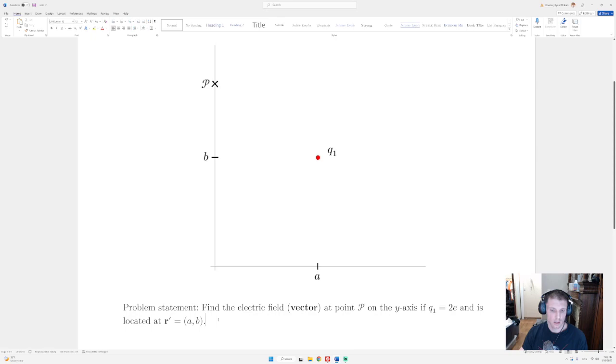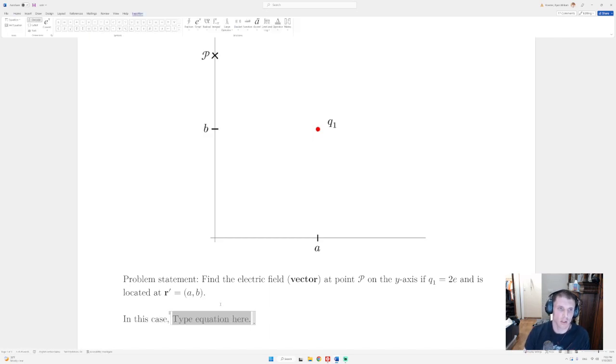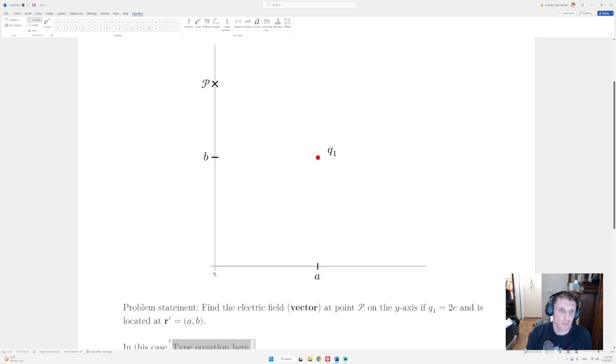Now, let me put some words down here. What we want is to figure out what the electric field is at some point on the y-axis. I've drawn it above B, but it doesn't necessarily have to be, but we'll pretend that it is. So if B is like 2 nanometers, P would be like 4 or something.